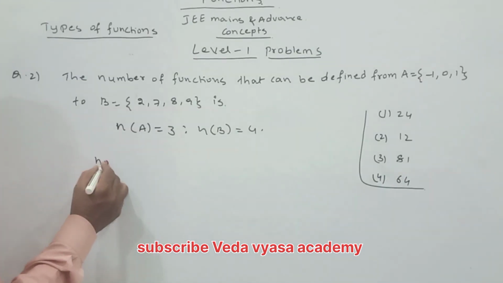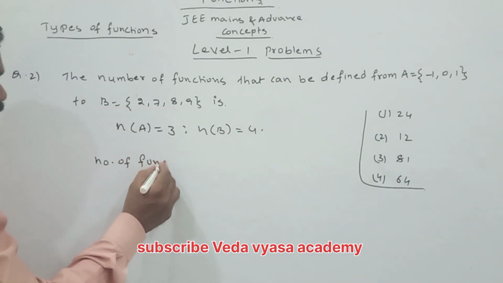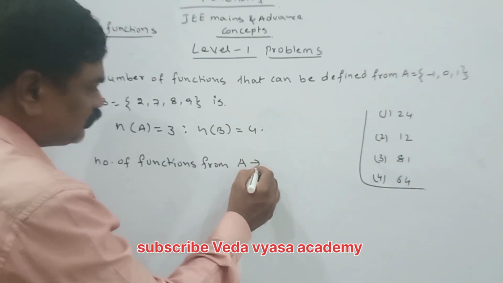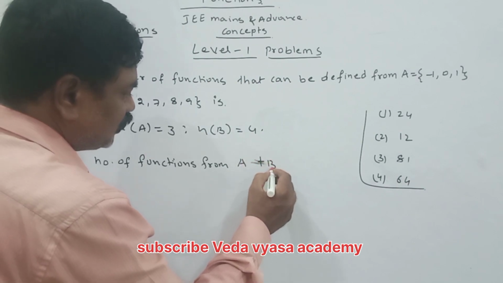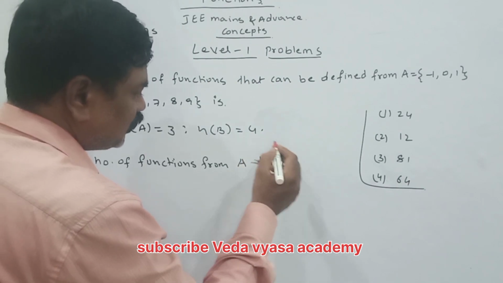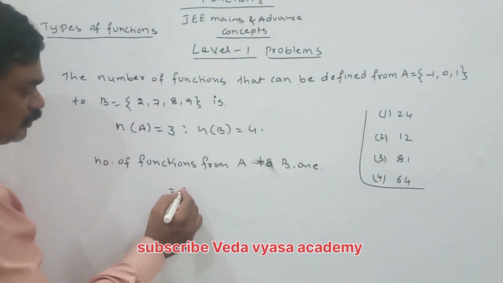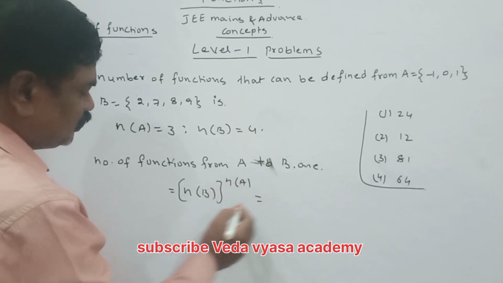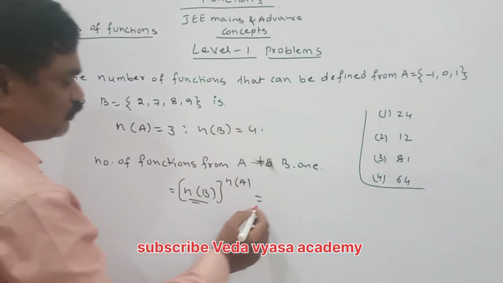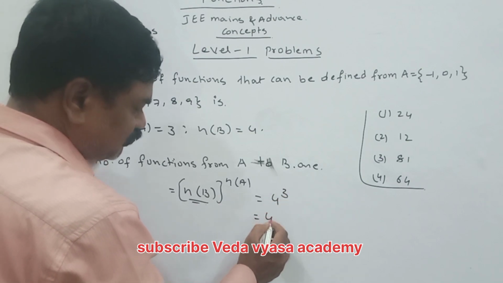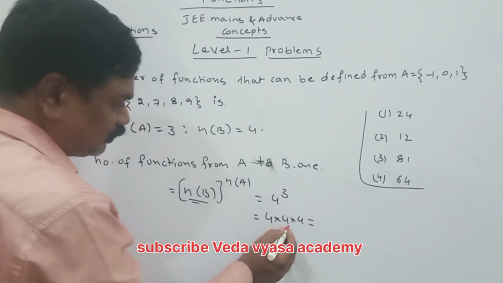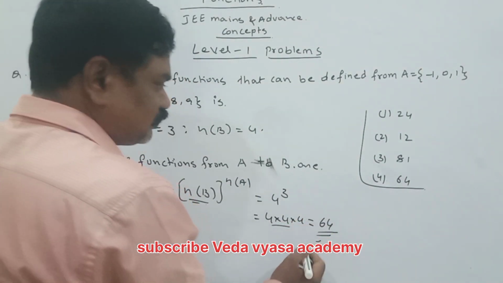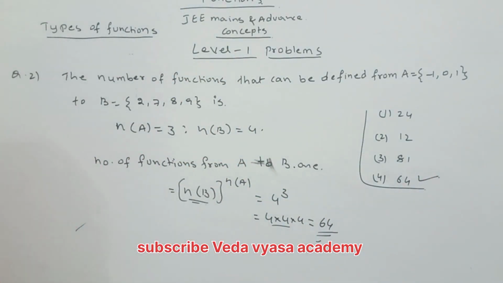Then the number of functions from A to B is equal to number of B power number of A, which is 4 power 3. 4 into 4 into 4, 4 into 4 is 16, 16 into 4 is 64. So option 4 is the answer.